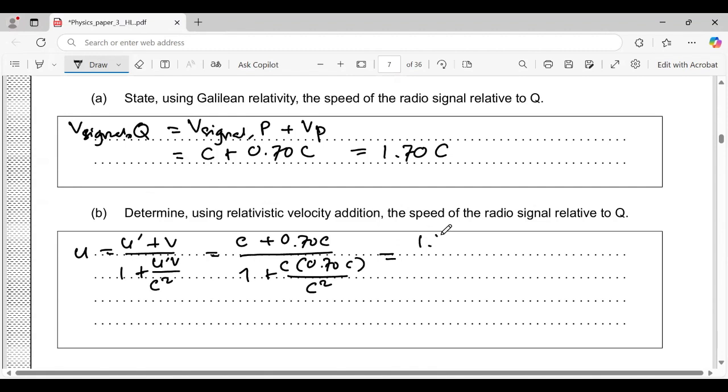It is 1.70 C over 1 plus 0.70, sorry, this is C squared over C squared. So 1.70 C over 1.70, and the result is C.